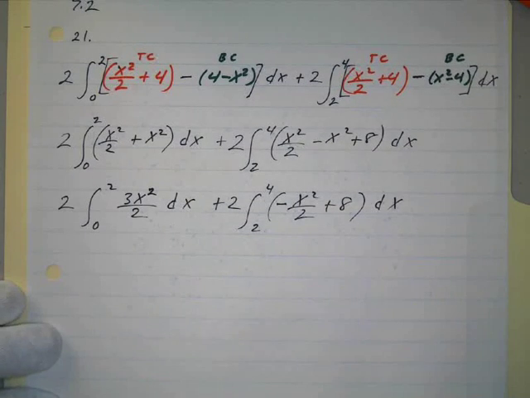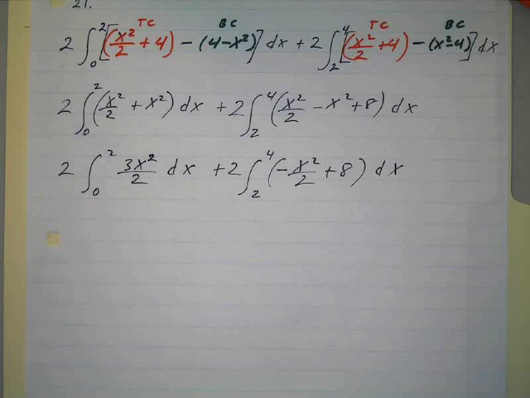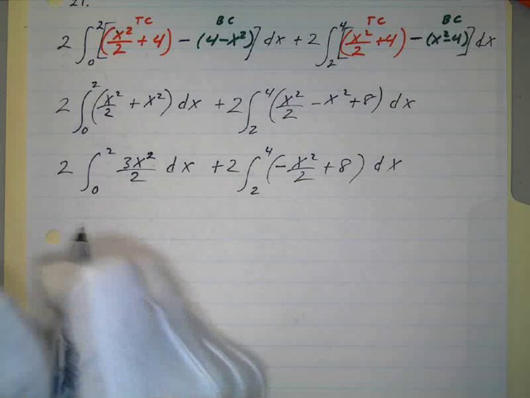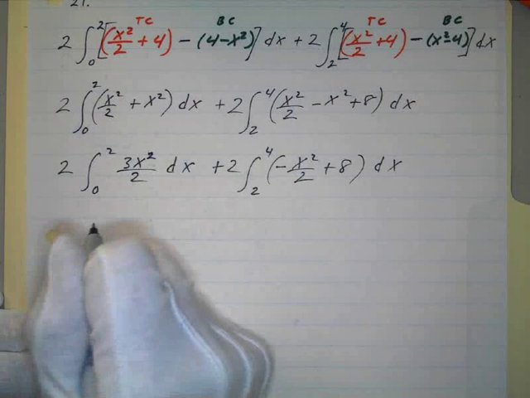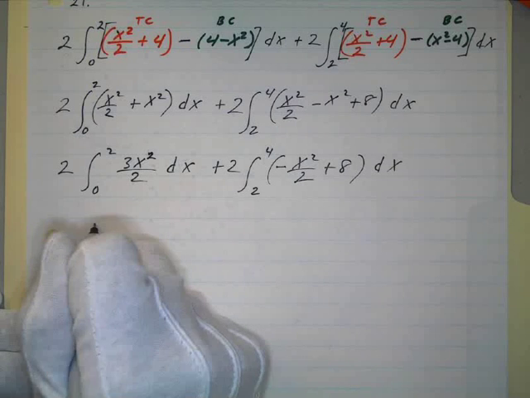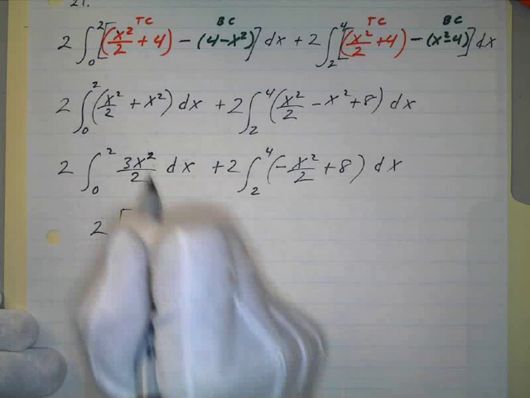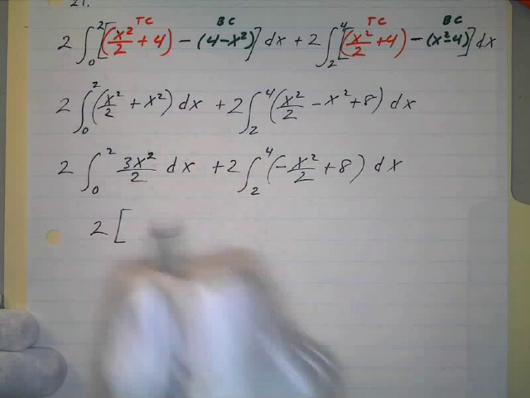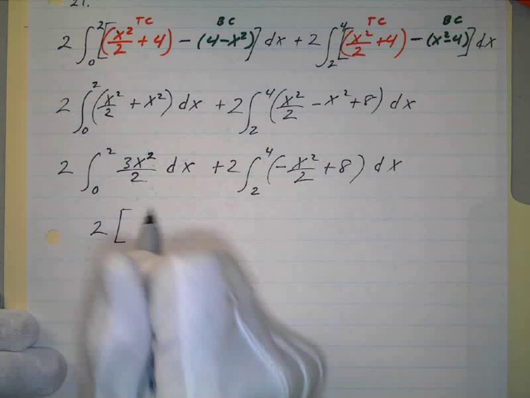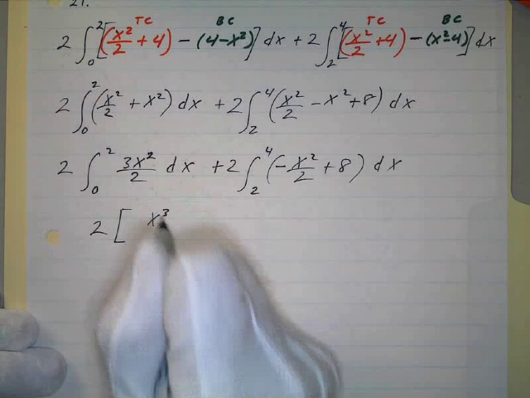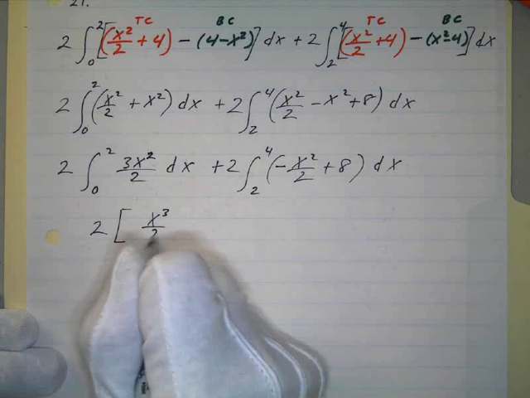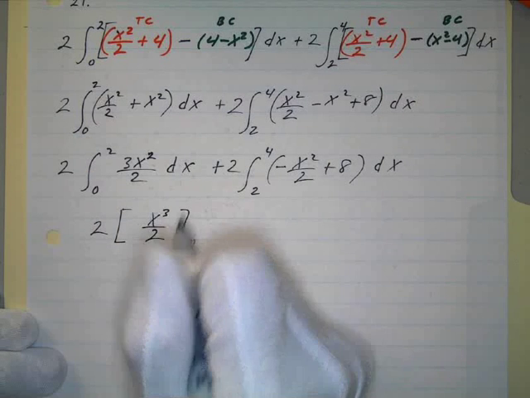So now I've got those integrals simplified, so I'm now ready to take the antiderivatives. So this is going to be 2 times, and if I add 1, that's going to be x cubed over 3, and then those 3's cancel, so it just ends up being x cubed over 2, which is nice. And that's from 0 to 2.